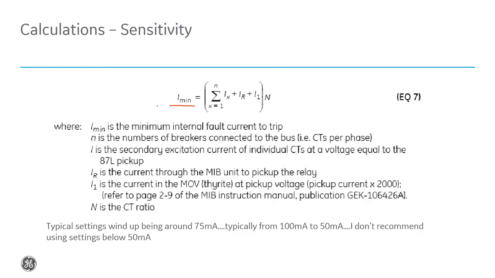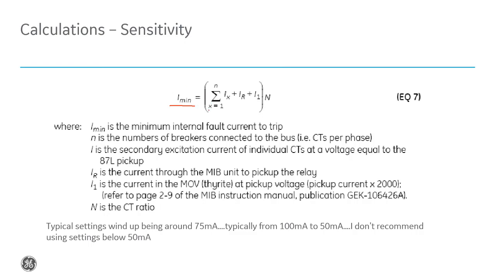For that pickup setting, it tells me the minimum fault current I'm going to trip at. So if I set this lower than 183 milliamps, this is going to tell me how much of a fault I can actually see. I want to see what I can see with this 183 milliamps.